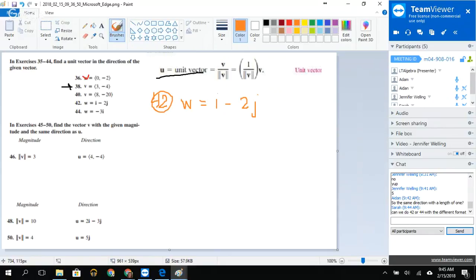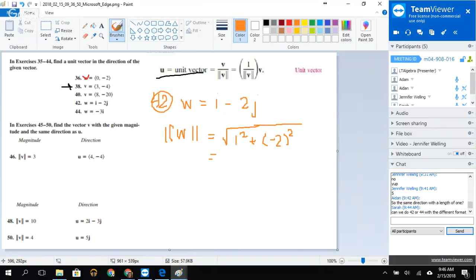All right, so if I wanted to find the magnitude of w, I'm going to use my formula. So I have my w1 component, which is just 1. So there's a 1 in front of i, right? So I have 1 squared plus -2 squared.